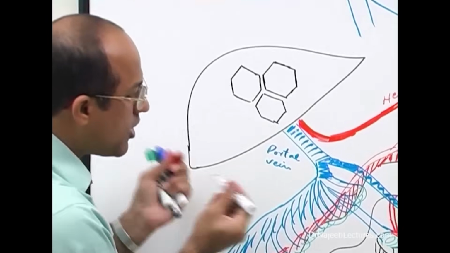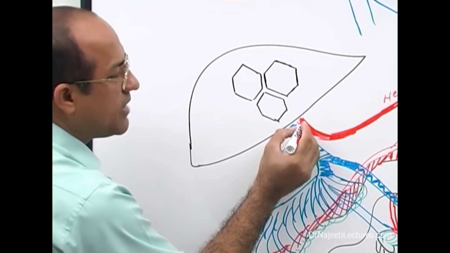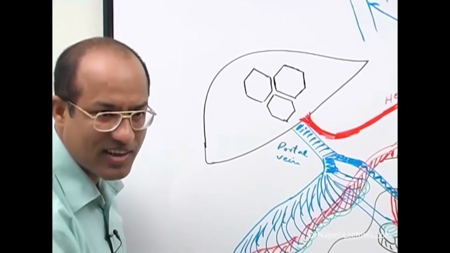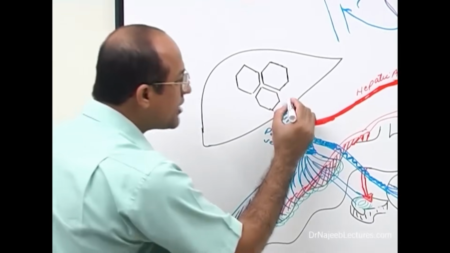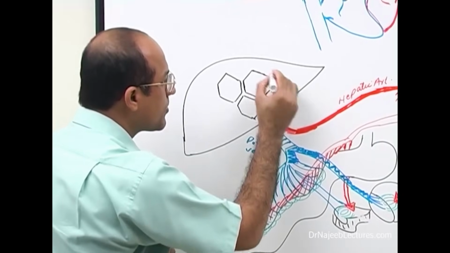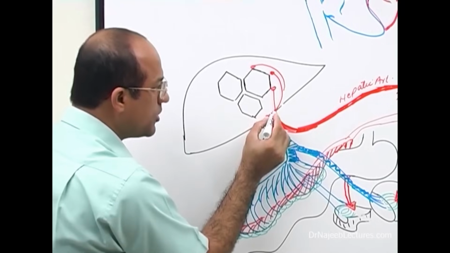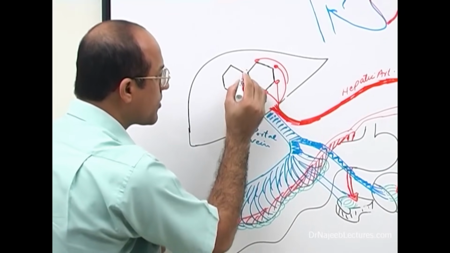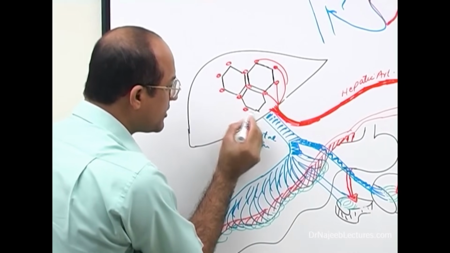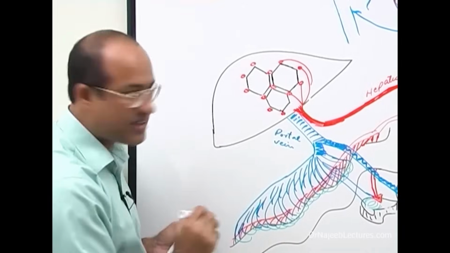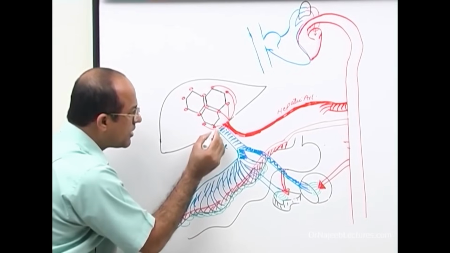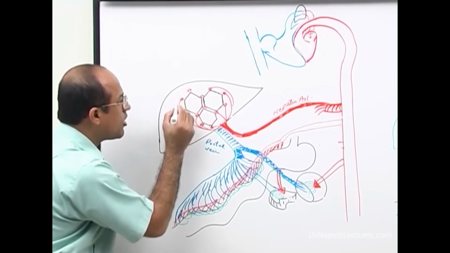Actually, as the hepatic artery enters the liver, it breaks down into smaller branches, hepatic arterioles. And arterioles will go to every corner of, what is this? Classic lobule. At every corner of the classic lobule, this almost hexagonal arrangement, you look, these arterial branches are coming at every corner.